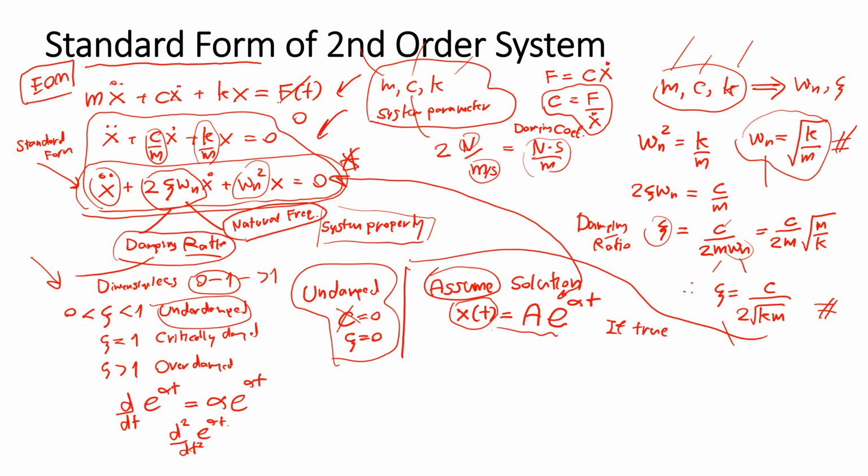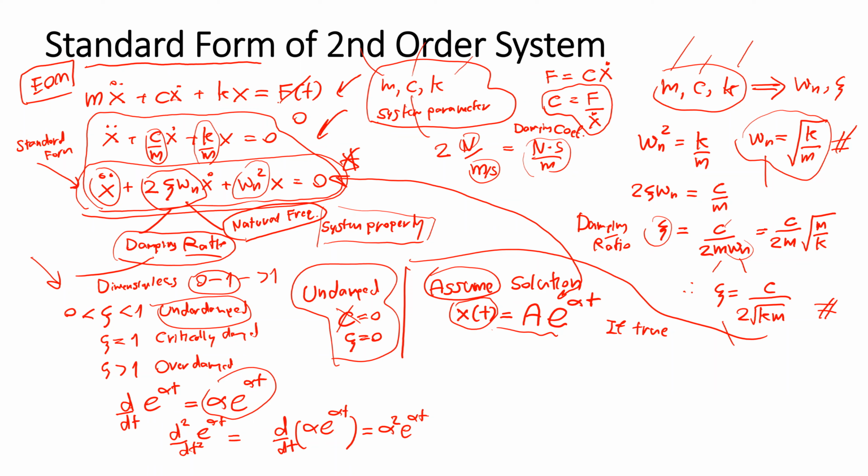The second time derivative will be d/dt of the first time derivative, and we are going to have alpha squared e to the power alpha t.